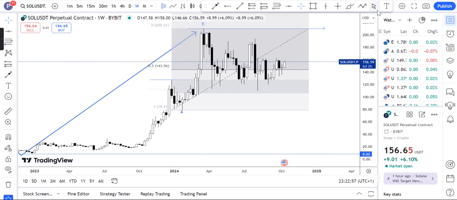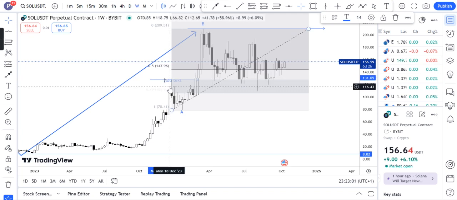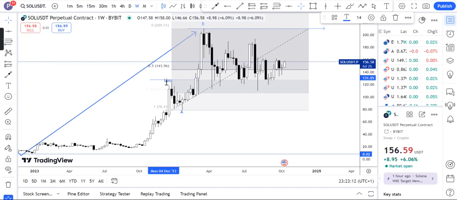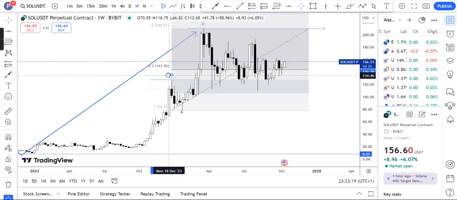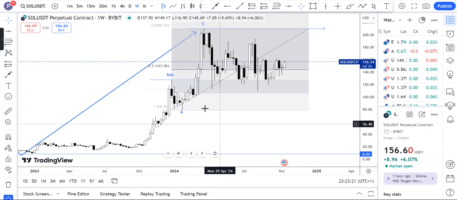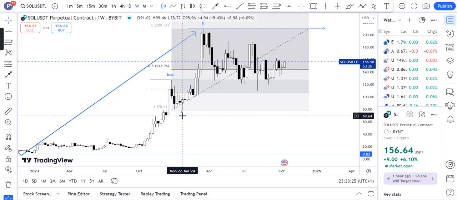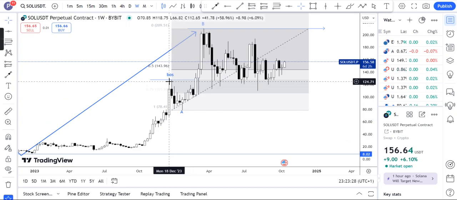Now one other thing we omitted entering is this level here. We have this level as our BOS, which is our break of structure. That is the point market broke structure.